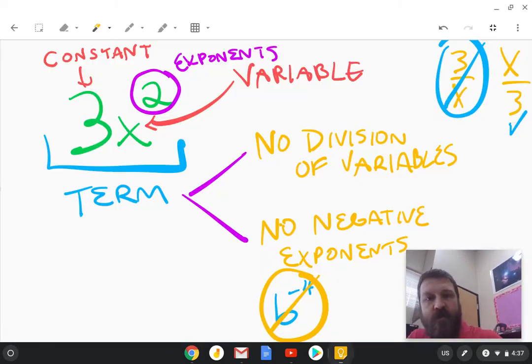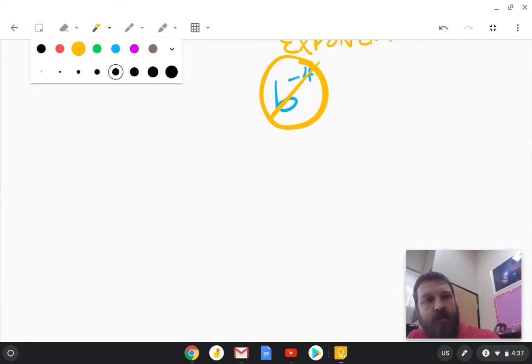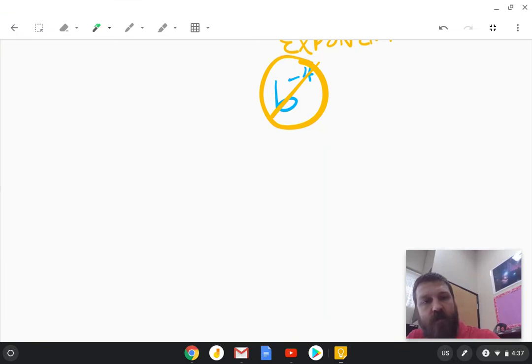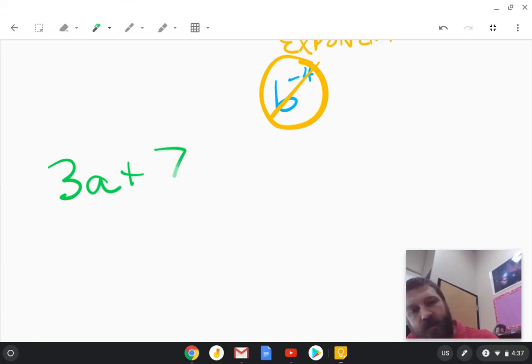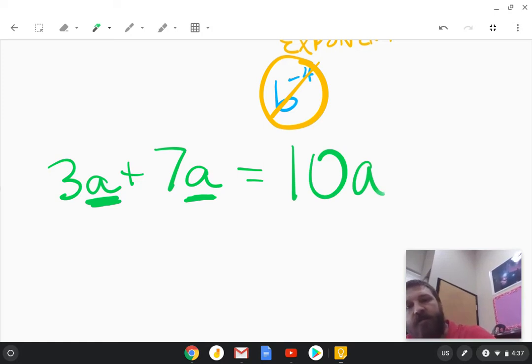The first concept we need to understand is what we mean when we say combining like terms. So I'll do an example like number 6. Let's say I had 3a plus 7a. I have these a's, I have 3 of them, and I have 7 of these a's here. So together it makes 10a.